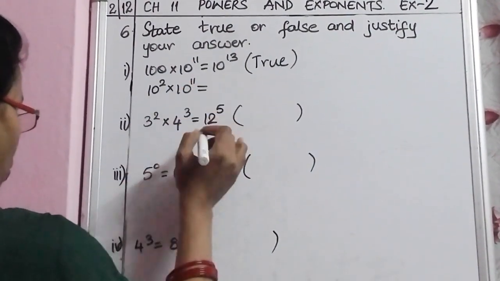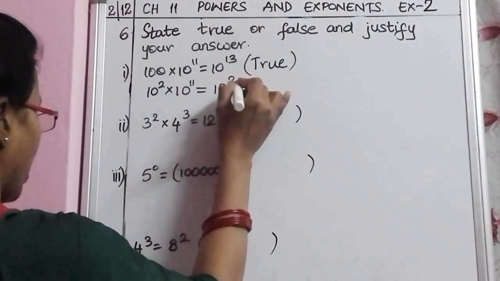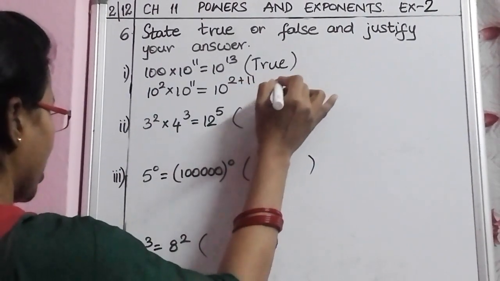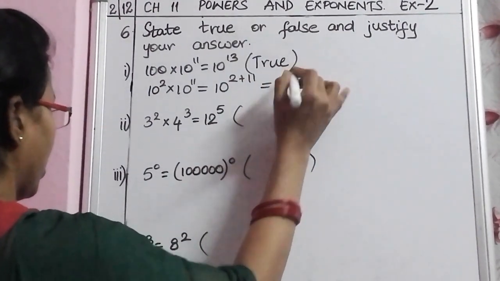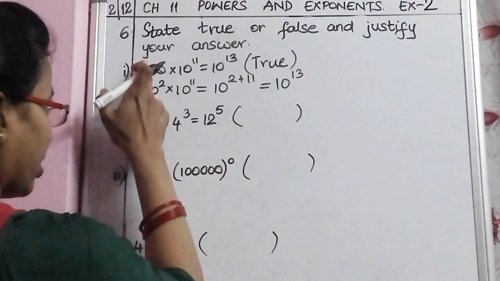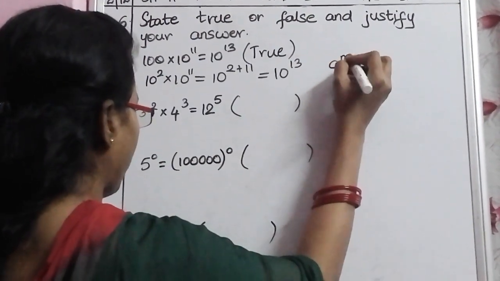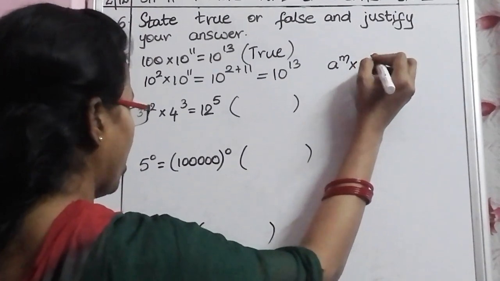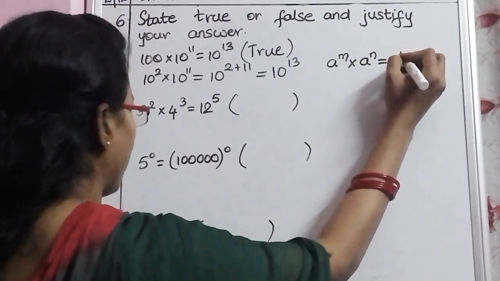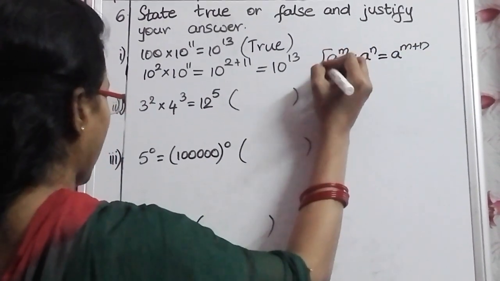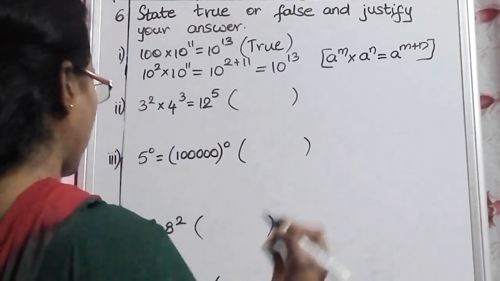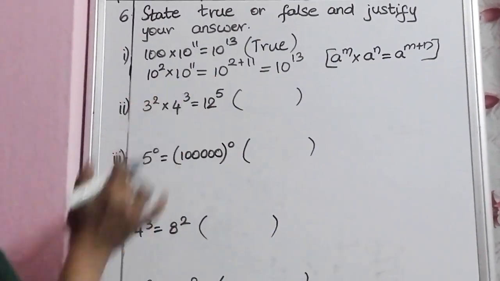So this is equal to 10 to the power 2 plus 11. 2 plus 11 is 13. So you know that when you have taken the LHS, you got RHS. Which formula did we use? a to the power m into a to the power n is equal to a to the power m plus n. This is the formula that we have used here.